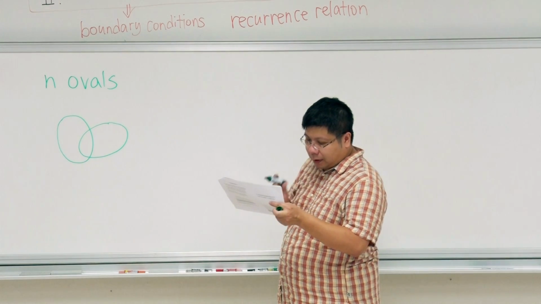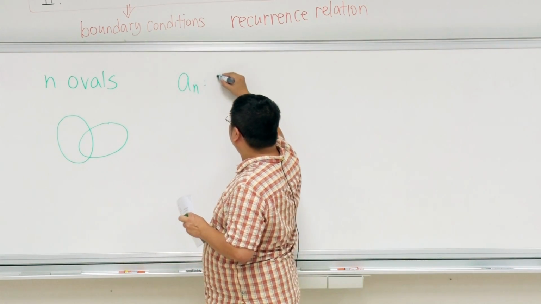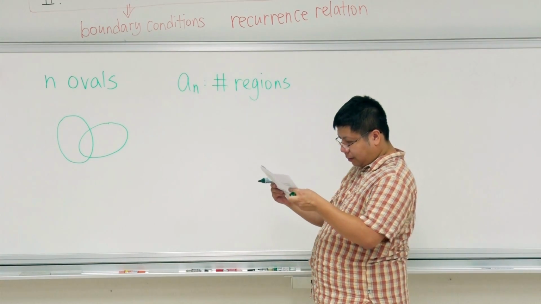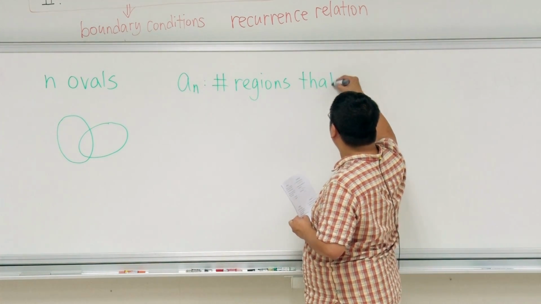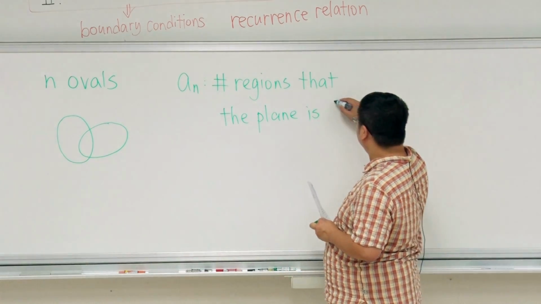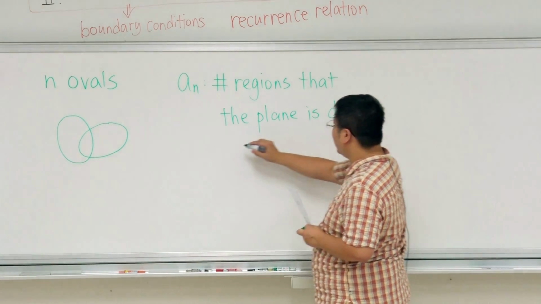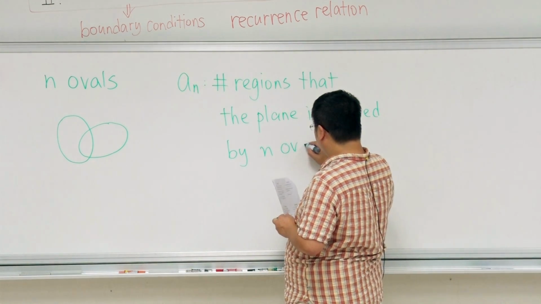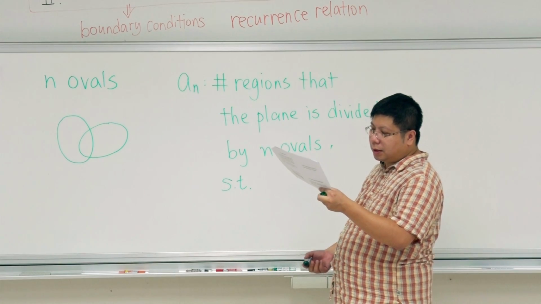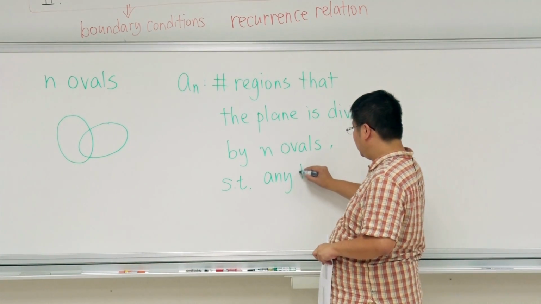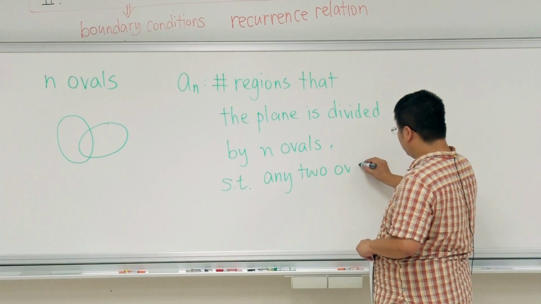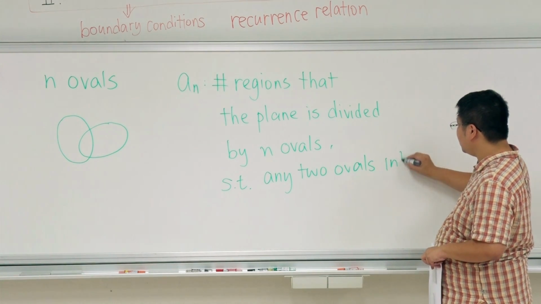Let's define a_n to be the number of regions that the plane is divided into by n ovals, such that any 2 ovals intersect at 2 points.